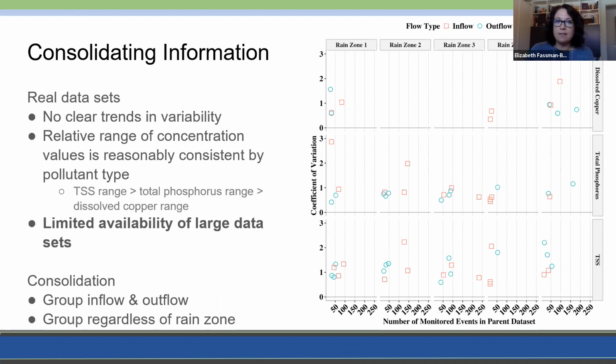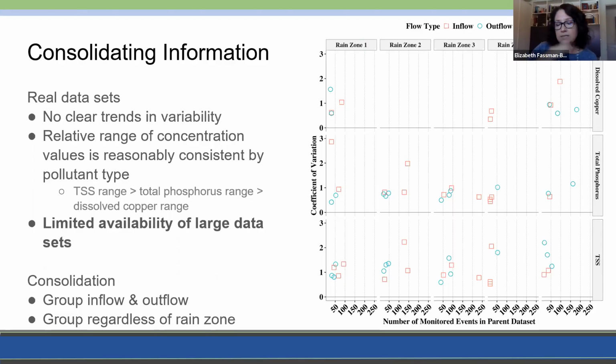We also find that the relative range of concentrations is reasonably consistent. In other words, TSS varies over an order of magnitude at a given site, at all sites. Total phosphorus ranges over a couple of milligrams per liter, pretty much at all sites. And dissolved copper ranges over a much narrower range. That's just the way it goes.